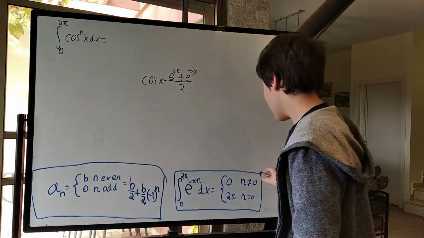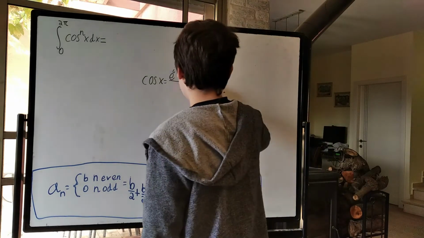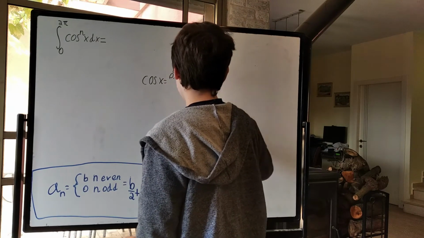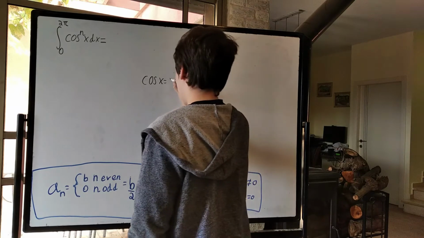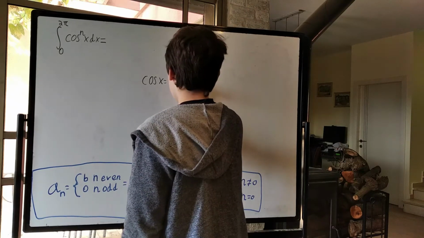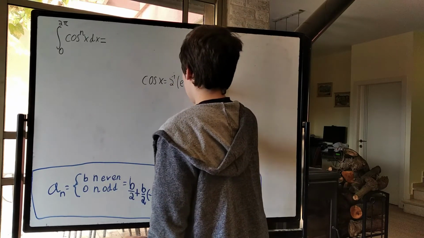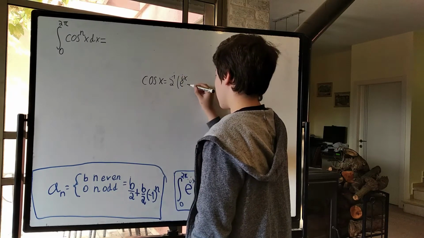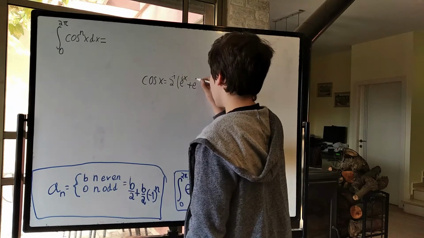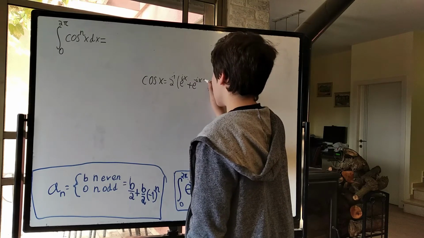I'm going to turn this over 2 into a 2 to the negative 1. So 2 to the negative 1 times e to the ix plus e to the negative ix.